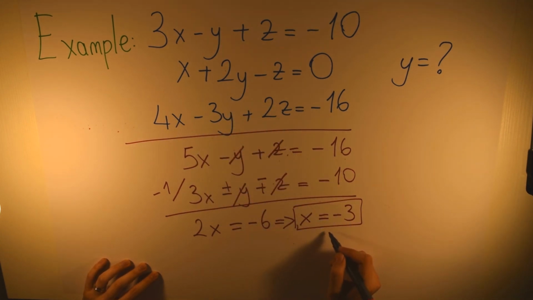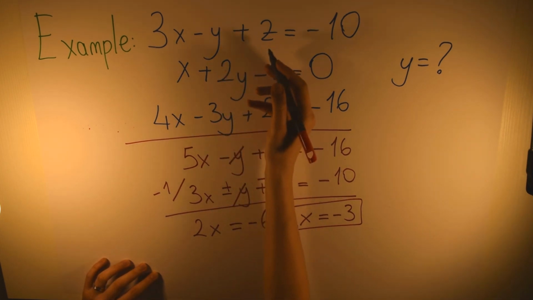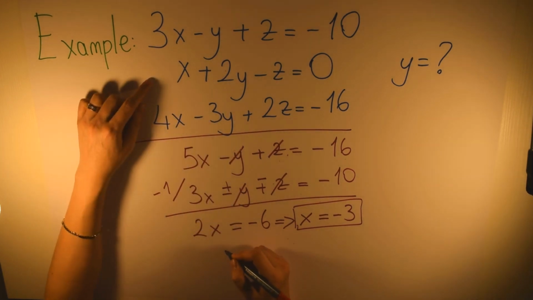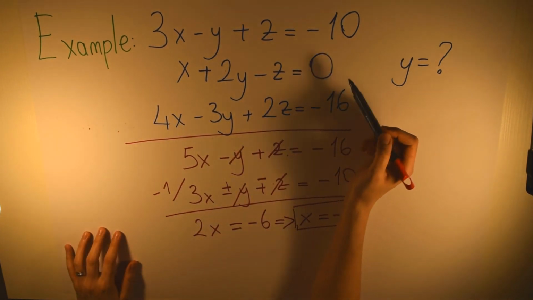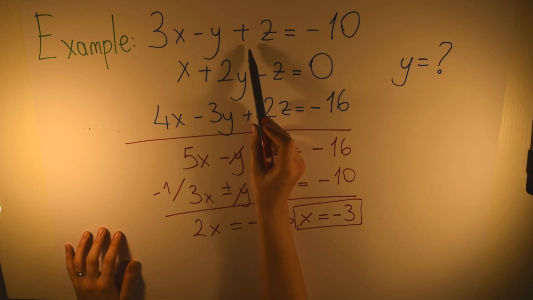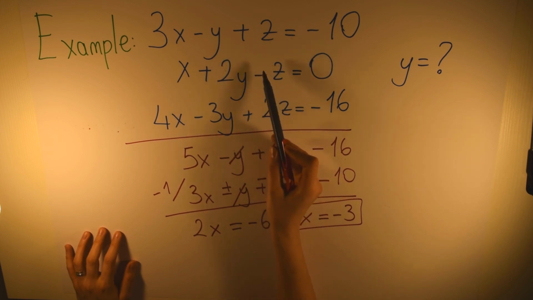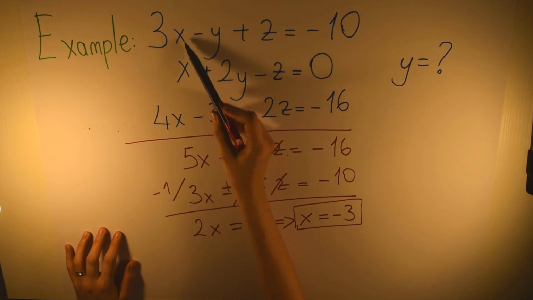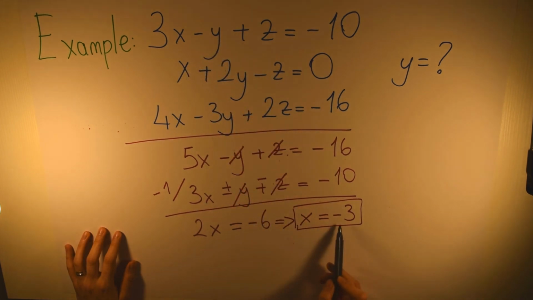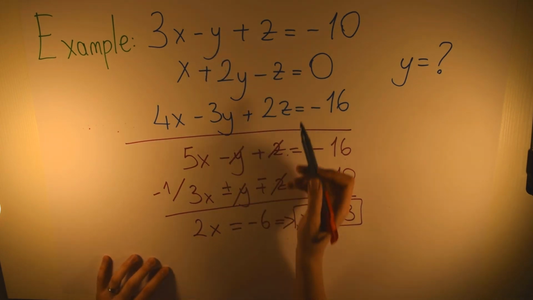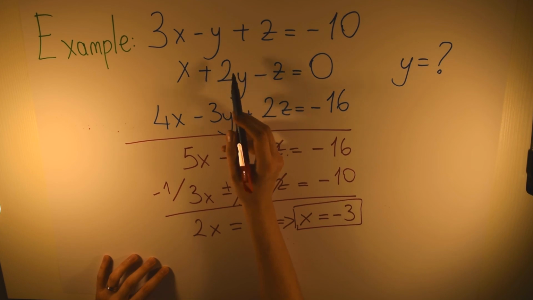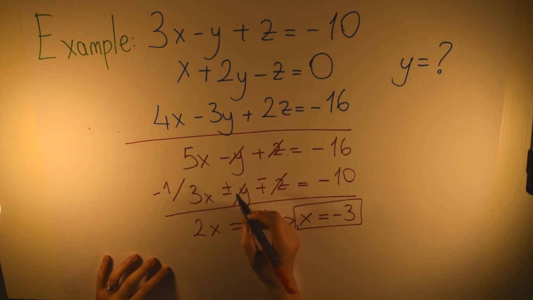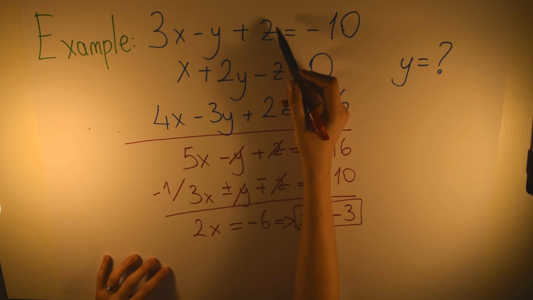So after finding x, let's see what can I do to find y or z. When you look at these equations, here we have plus z and minus z, right? In these equations we have plus z, in these equations we have minus z. And we already know our value of x, we found it here. So if I add these two together, I can get my y value, because these will cancel out each other.